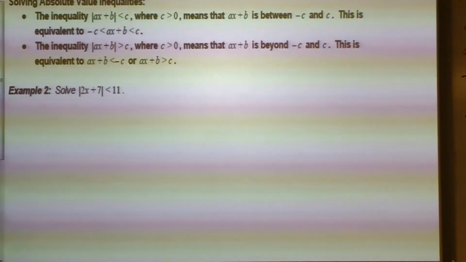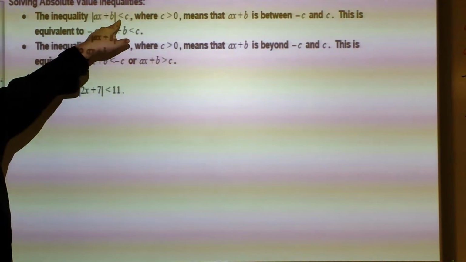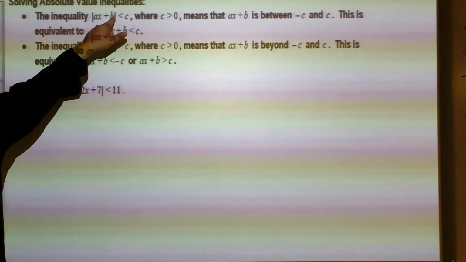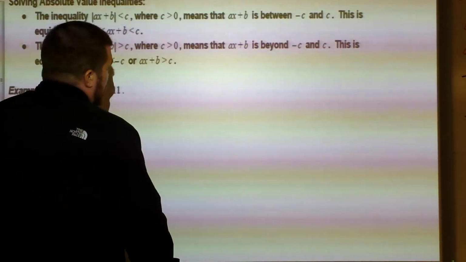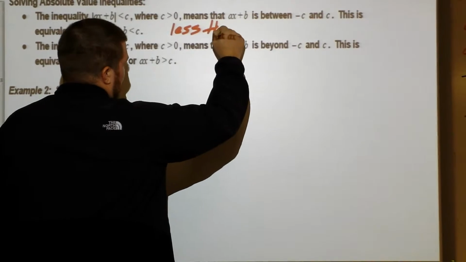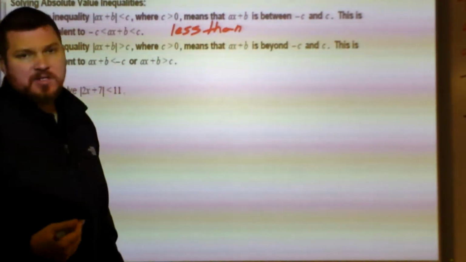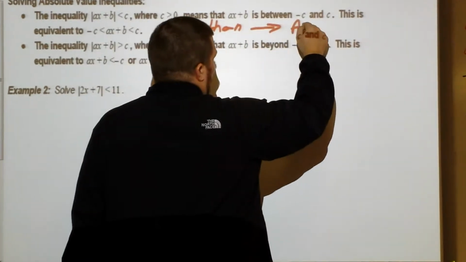All right, first off, when we're talking about absolute value inequality, we have two rules. Pretty much if you have a less than sign, we're going to split this up into an and problem. So you might want to make some notes: less than, and that also includes less than or equal to, but if you see that less than sign, then we're going to go and.